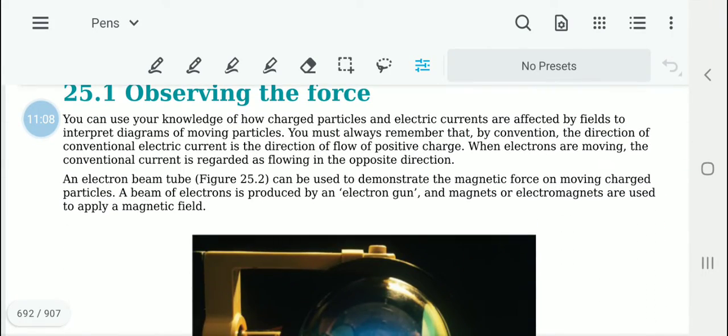Write down: matter is made up of different types of particles, and charged particles they contain can be affected by magnetic or electric fields.